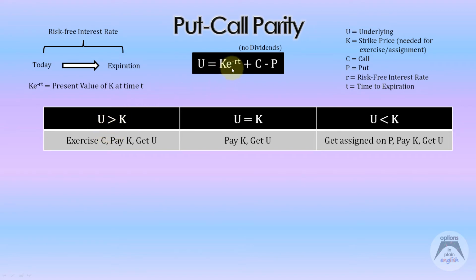Then you are going to be exercising your call, you're going to be paying the strike price, and you're going to get the stock. So you're going to exercise your call, you're going to pay K, because that's the rule for the call, and then you're going to get the stock.